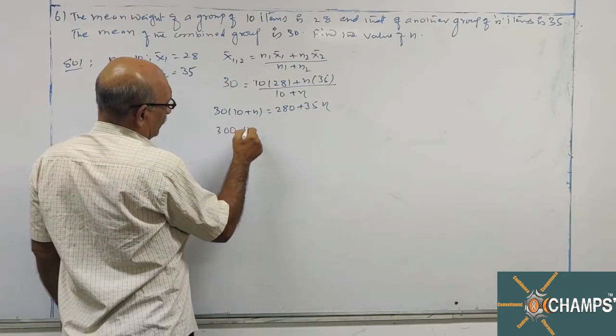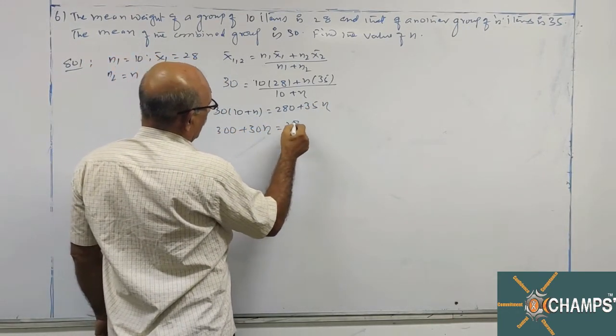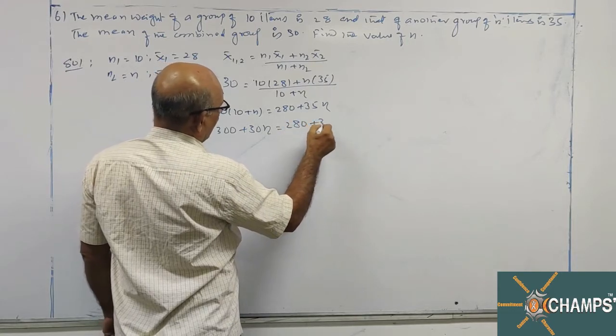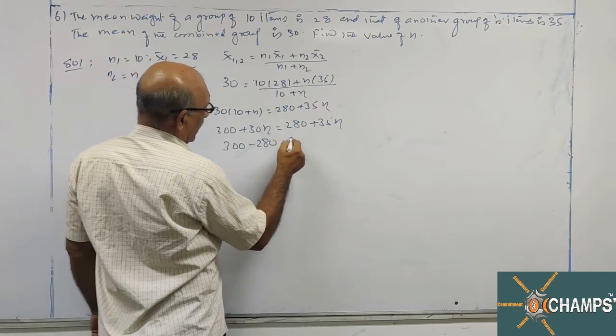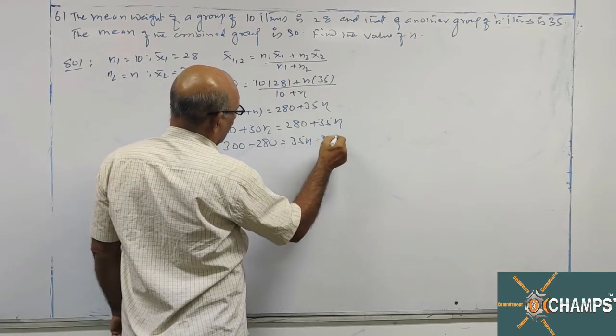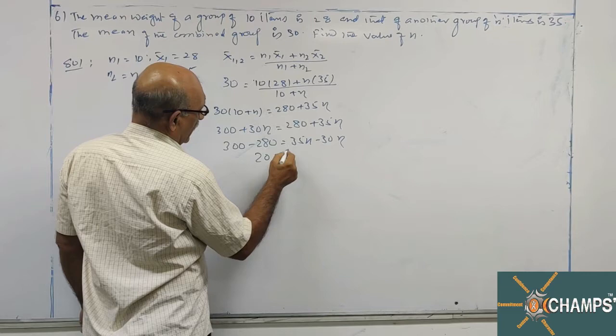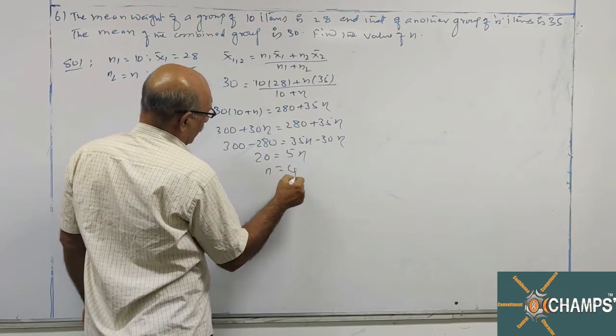So 300 plus 30n equals 280 plus 35 into n. 300 minus 280 is 35n minus 30n. 20 is equal to 5n, n is equal to 4.